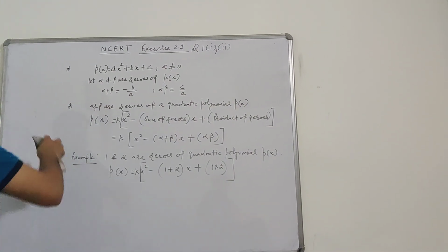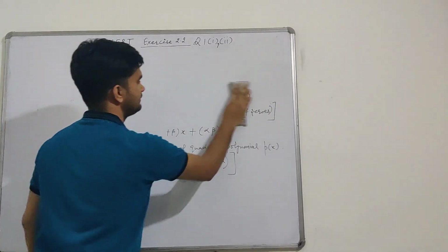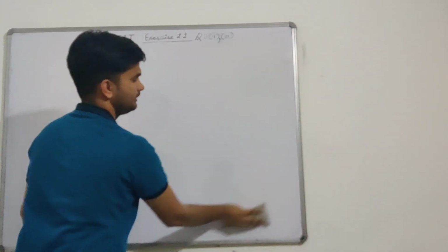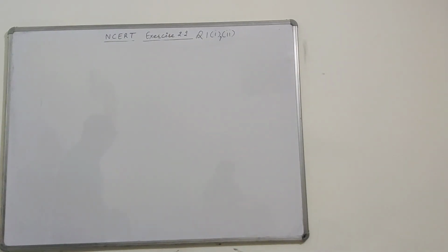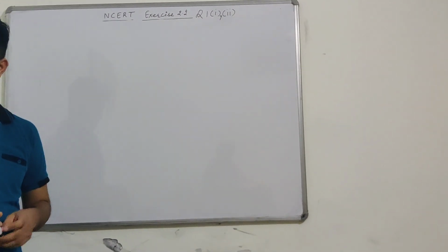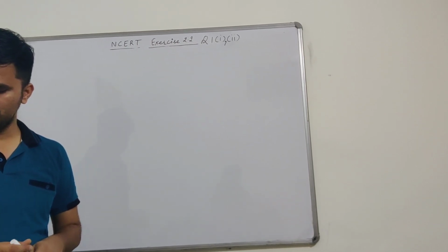Now I am taking question number 1, first and second part of this exercise 2.2. Find the zeros of the following quadratic polynomial and verify the relationship between the zeros and the coefficients.